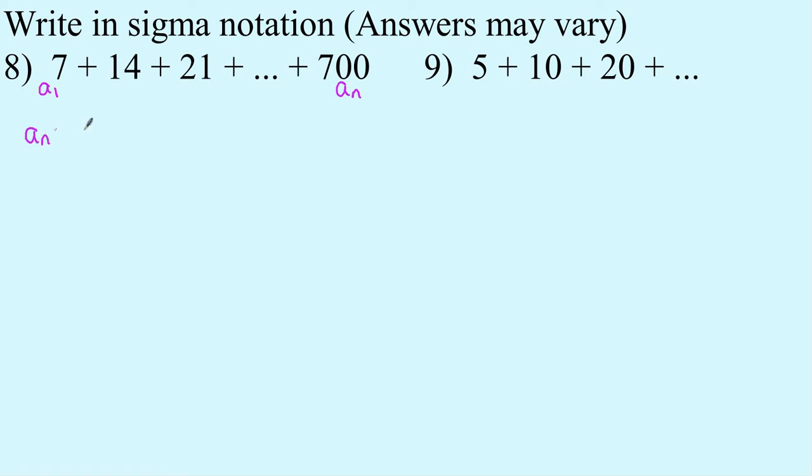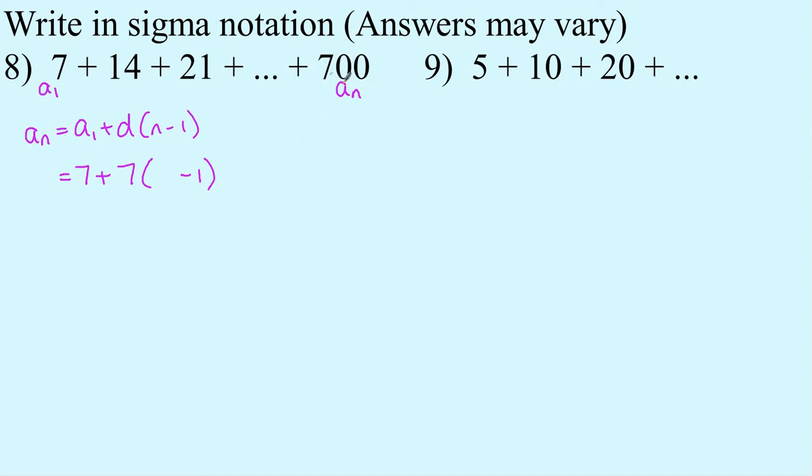We know the nth term is this formula. So plug in what you know. The first term is 7. The difference is just 7. And this is where people mix up. 700 is not n.